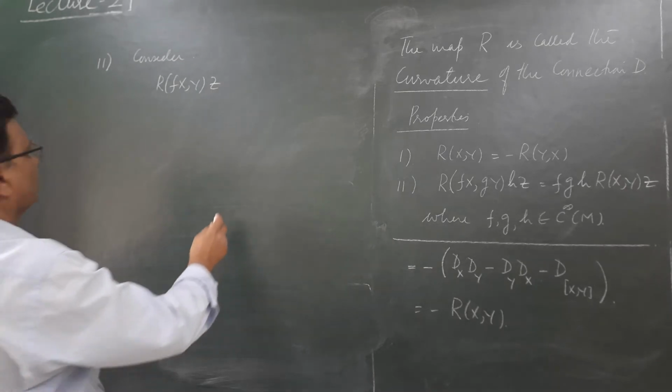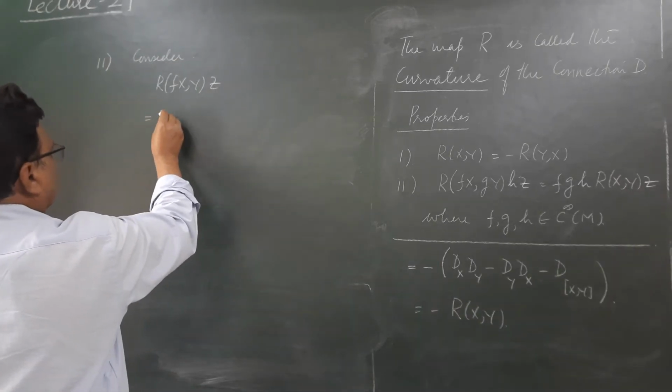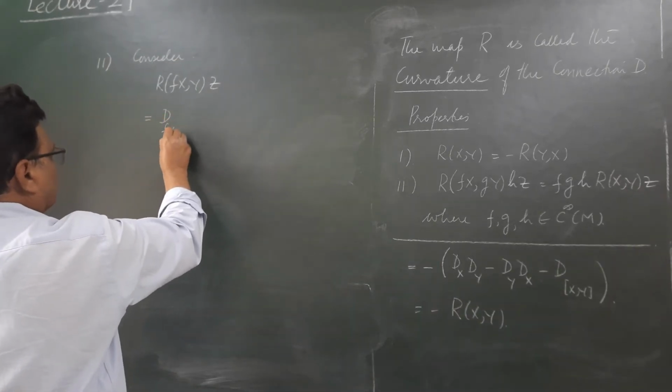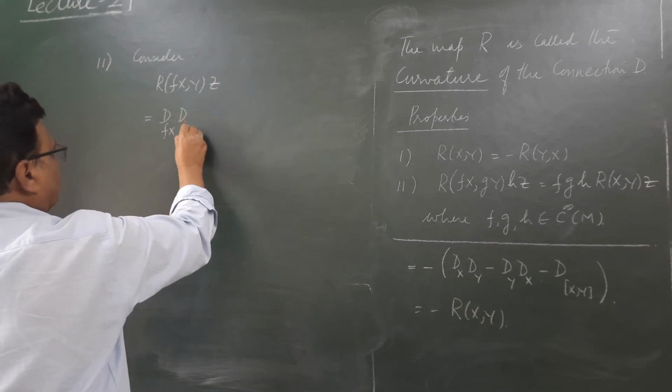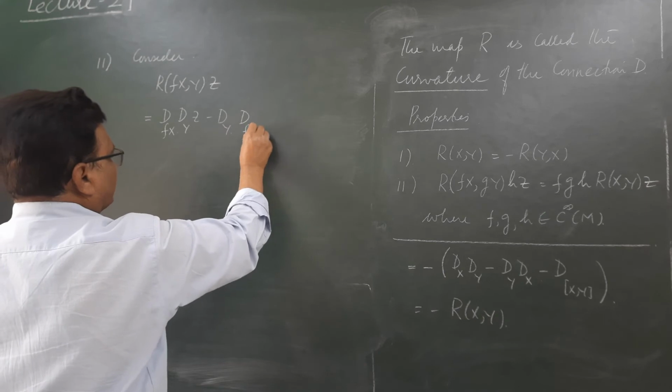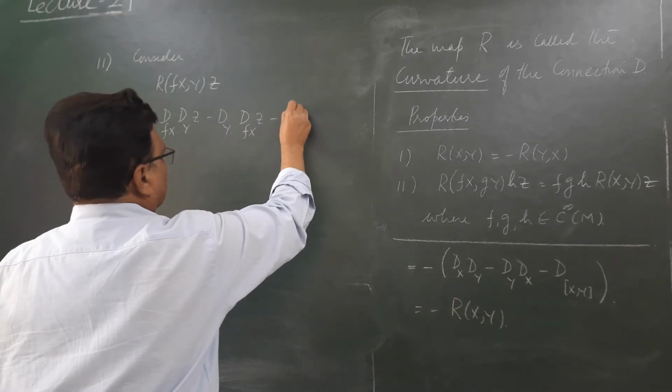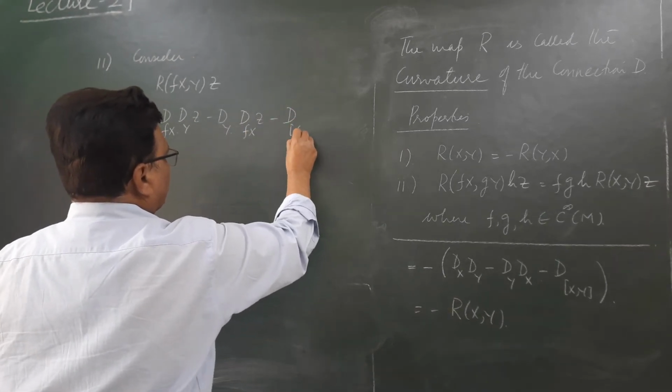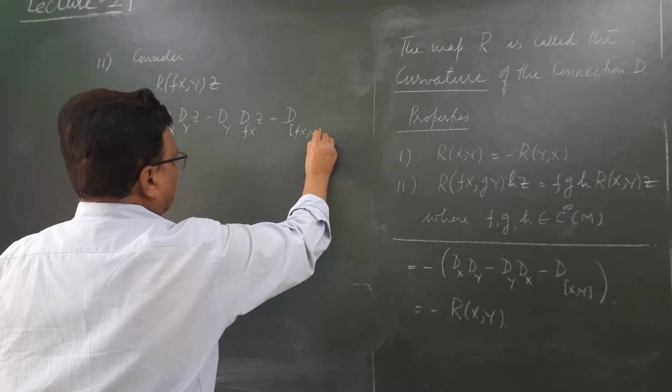By formula, this quantity will be equal to d of fx dyz minus dy dfx z minus d of Lie bracket fx y z.